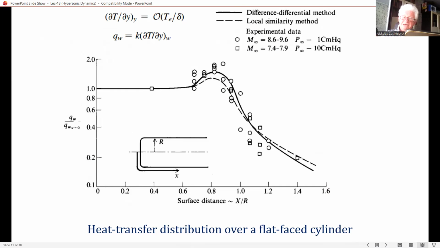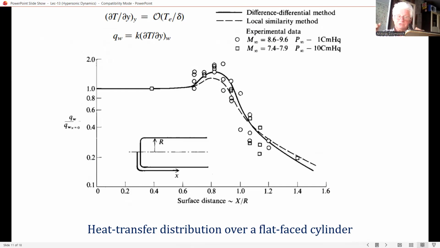An example is given by this figure in the middle of the slide, which shows the heat transfer distribution over a flat face cylinder at Mach numbers between 7.4 and 9.6. The open symbols represent experimental data, the dashed line is from the local similarity method, and the solid curve is from the differential method.